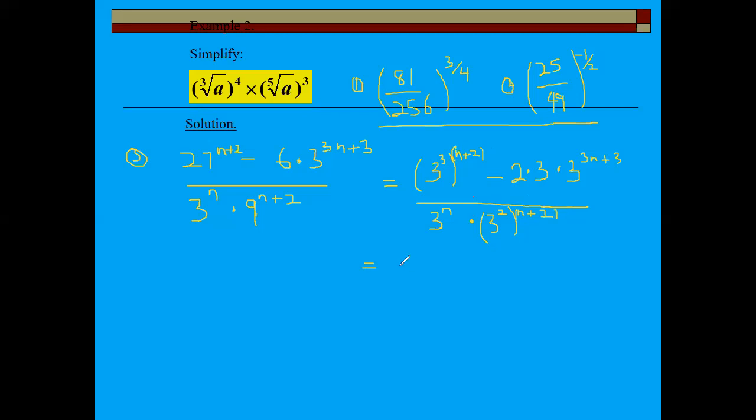So we're going to have 3 raised to the power 3 times n plus 2, minus 2 times, you see, this is 3 raised to the power 1. So since we have a common base, we'll take one of them and then add the exponents. So this will be 3 raised to the power 3n plus 1 plus 3n plus 3.